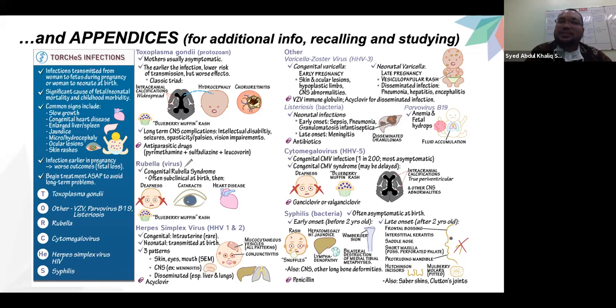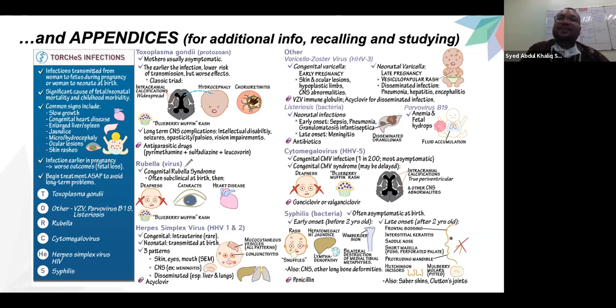That's why, for example in case of varicella zoster, newborn babies whose mother has chickenpox, we have to give, apart from acyclovir, varicella zoster immunoglobulin. Basically to compete.